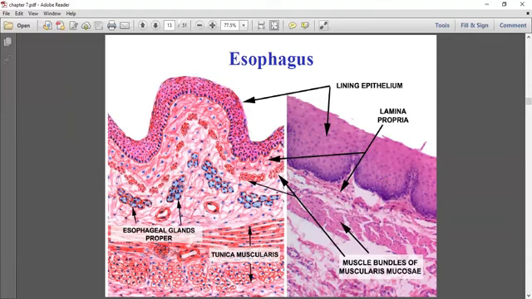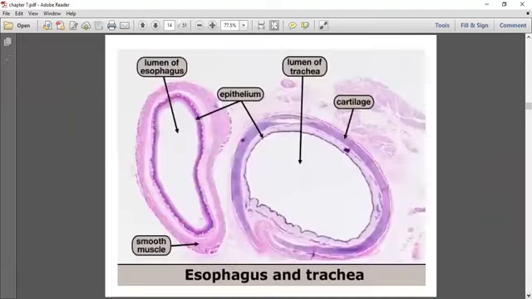Lamina propria again, and muscle bundles of muscularis mucosa, the 3rd layer of mucosa.